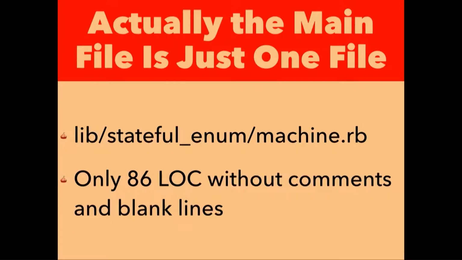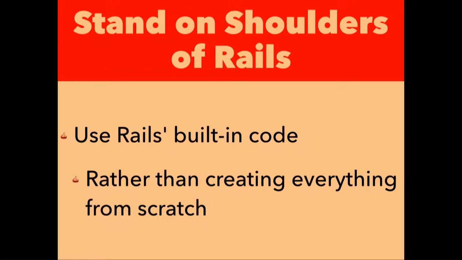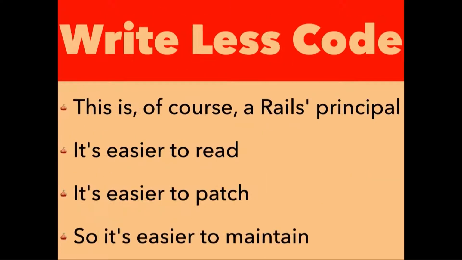Right? Actually, the main file, machine.rb, is just one file. It's only 86 lines of code. So in order to build your new Rails plugin, I recommend you use Rails built-in code if it's possible, rather than creating everything from scratch, to write less code.